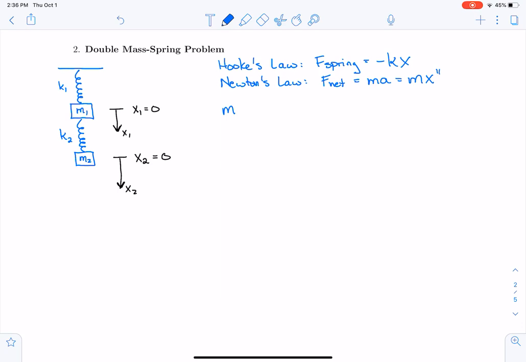So we would have that mass times acceleration for the first mass is equal to minus k times x1, because it's proportional to the displacement x1. And then we could add some friction, so that would be like minus b times x1 prime. And then we would also have a force of displacement that came from the second mass. And so that would actually be in the opposite direction.